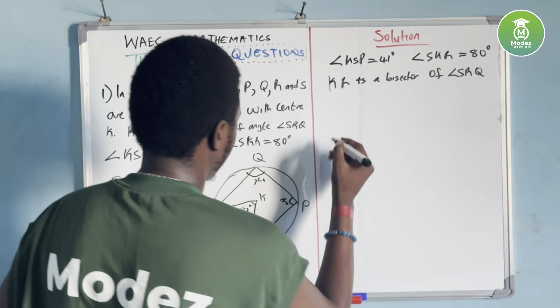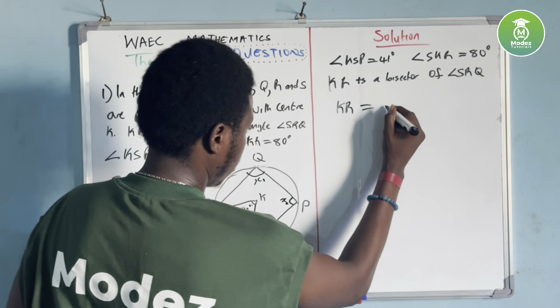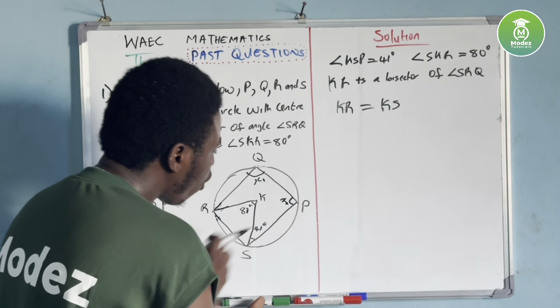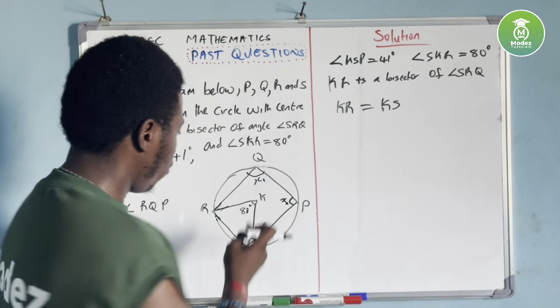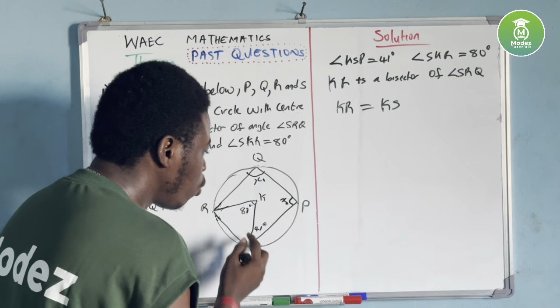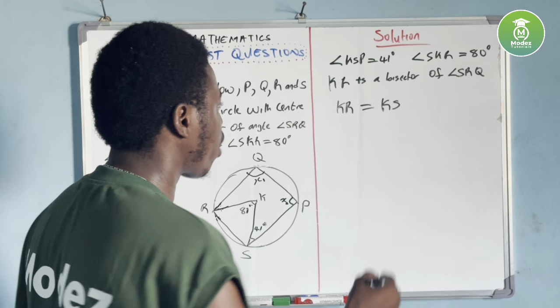So therefore, KR is equal to KS. Why? Because both of them are radii. One radius here, which means that the base angles are equal. This makes this triangle here an isosceles triangle.